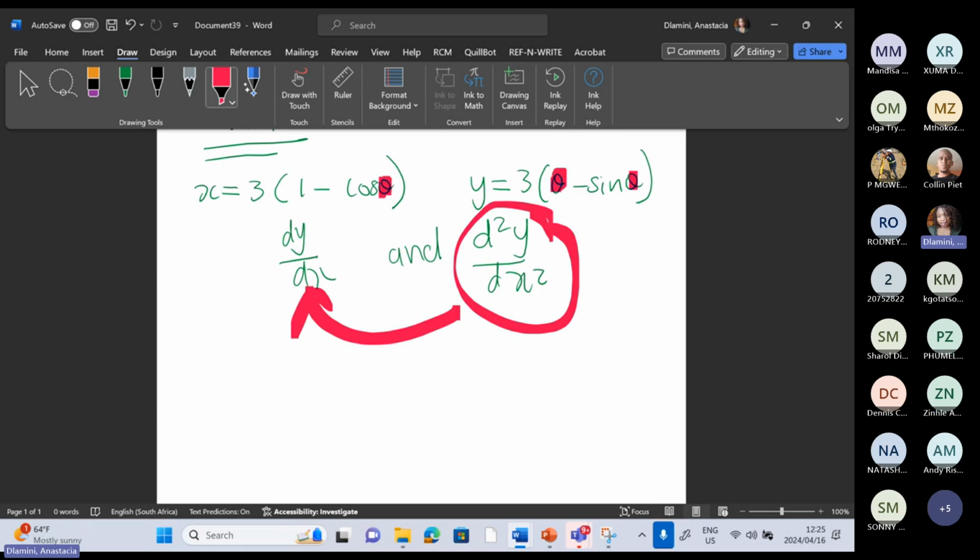Can someone else give me an answer? Because we are not differentiating with respect to x, but with respect to the third parameter. Thank you. Because dy over dx is with respect to the other parameter. So if we differentiate directly, then we are incorrect because here we're looking at parametric equations.